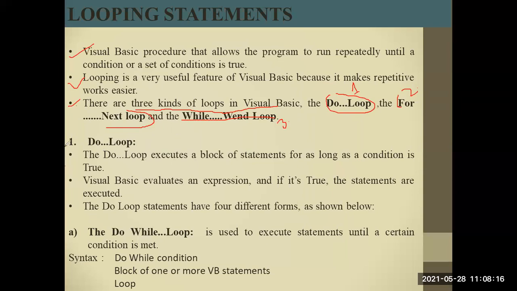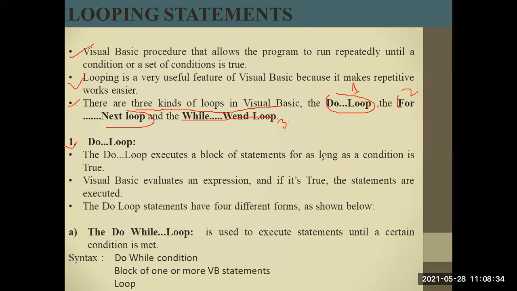The first one is the Do While loop, which is very similar to what we have learned previously. We will have slight changes in the structure. The Do While loop executes a block of statements for as long as the condition is true.